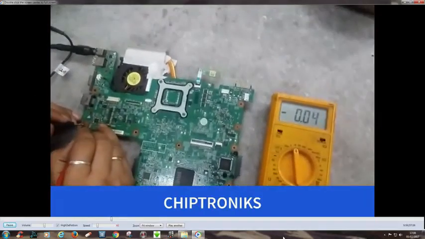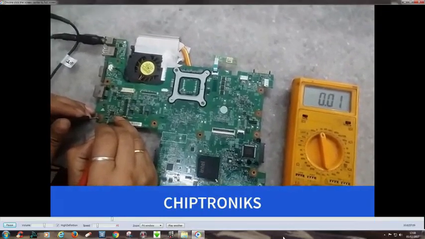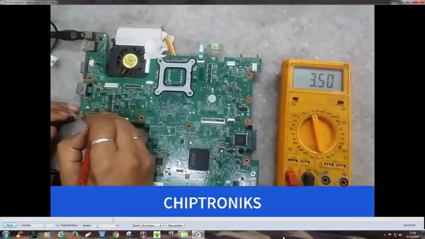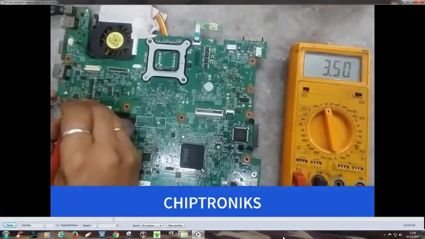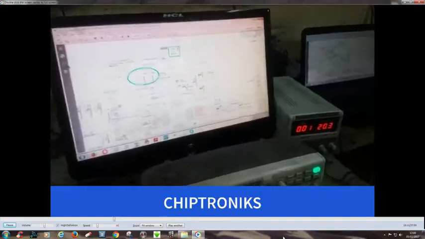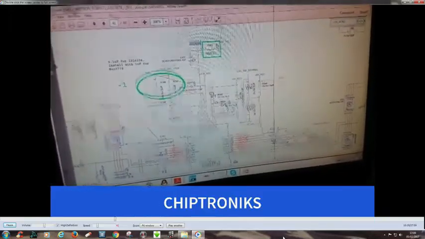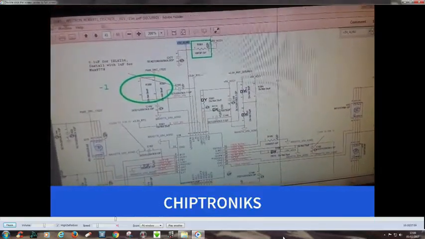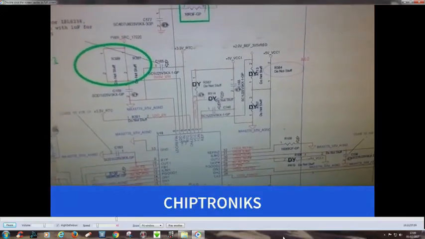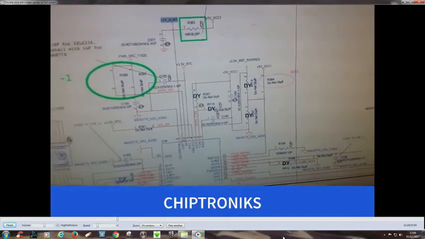Pin number 7, LDO. This is the LDO output of the 3 volt 5 volt regulator IC. So we have to check this 5 volt always. We'll check the output at pin number 7, but never check voltage directly at this pin.